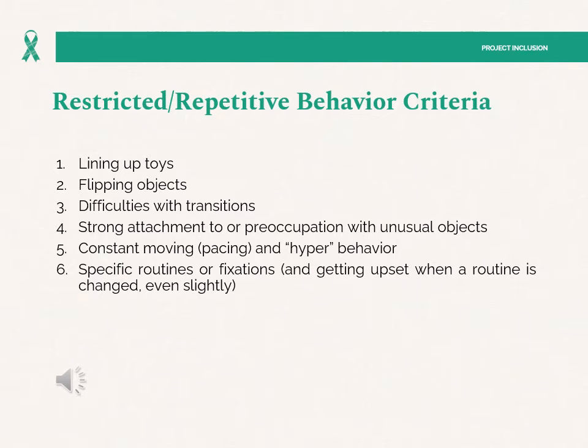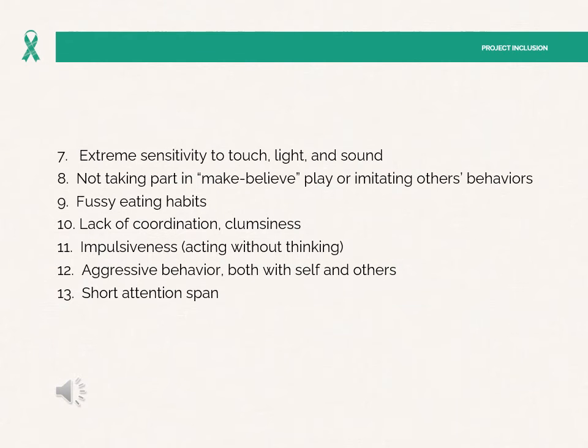So, any kind of fixation is very probable in children with autism spectrum disorder, and if we try to make any change in the routines, the child may get really agitated or very aggressive.